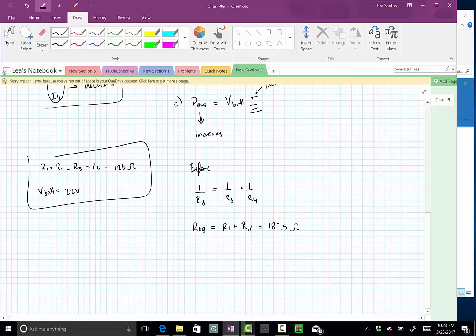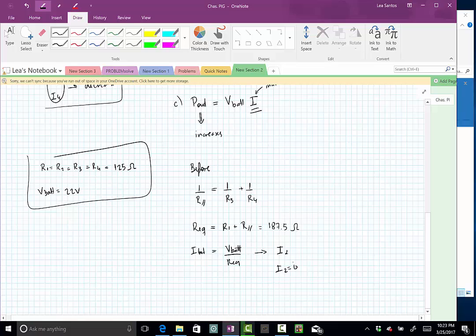Alright, with that we can find the total current using the potential difference from the battery and this equivalent resistance. Okay, this total current has to be the current that goes through R1, right? And through R2 we know there is no current. Okay, so this is also the current that goes through I1. Through I2 there is no current.